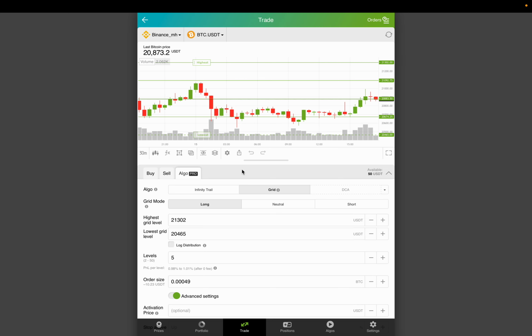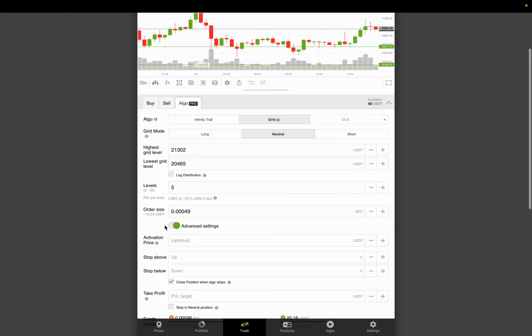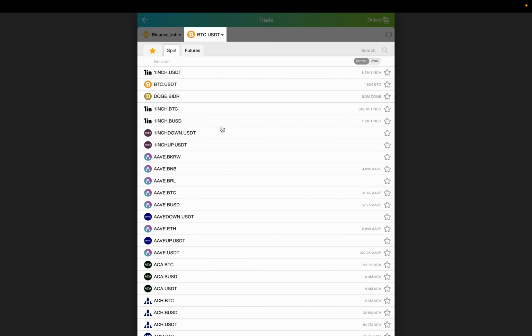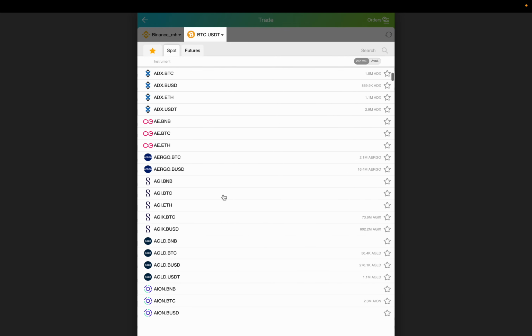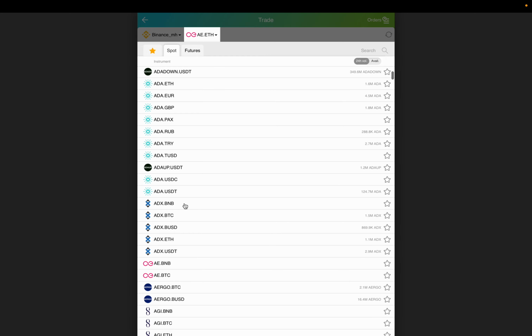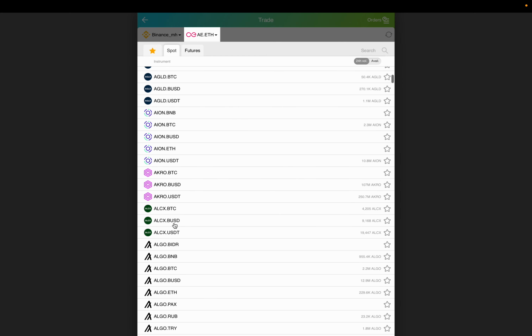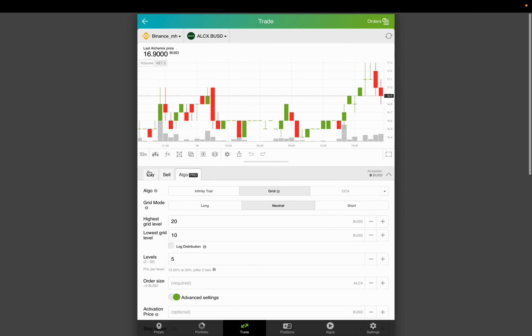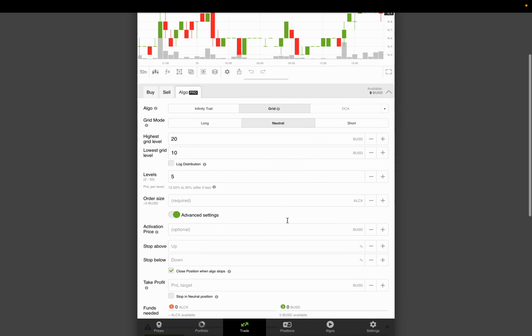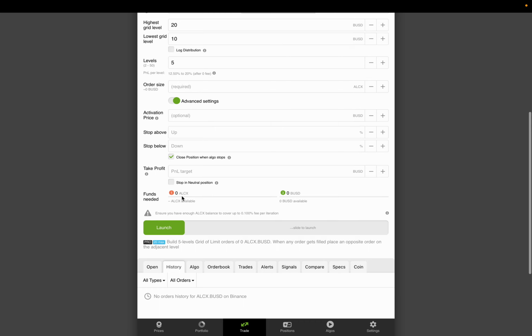What does it mean? First, whereas to launch a neutral grid on any spot instrument you need to have those coins, so if you want to trade not BTC but some exotic coin, say ALCX, sorry for the guys who know what it is, it's just some random coin on Binance, to place a neutral grid here you need to have that ALCX.